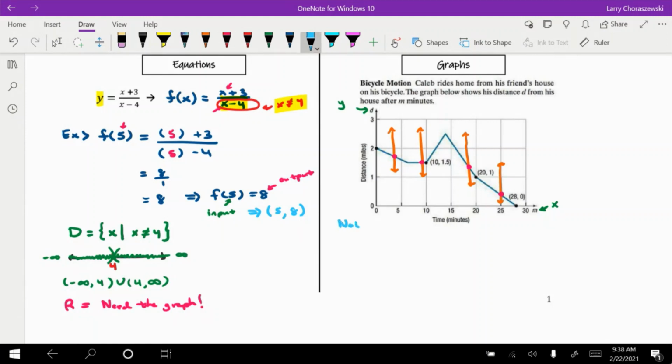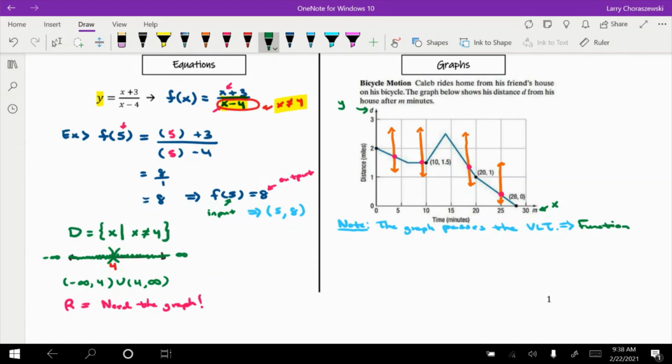So I'm going to make a note here. I'll say the graph passes the vertical line test, which, if you're okay with it, I'm going to write as VLT. And what this implies about the graph is that it's the graph of a function.